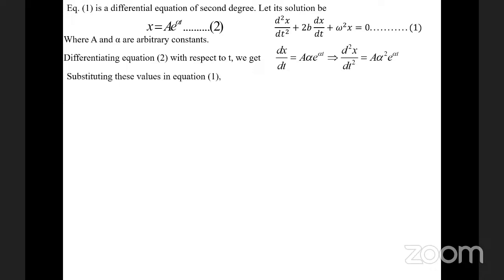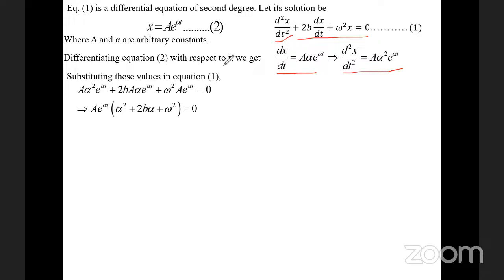Yes, sir. Next, substituting in equation 1. We are substituting this value in this equation. So d square x by dt square is a alpha square e power alpha t, and 2b into dx by dt is 2b a alpha e power alpha t, and omega square x is omega square a e power alpha t.